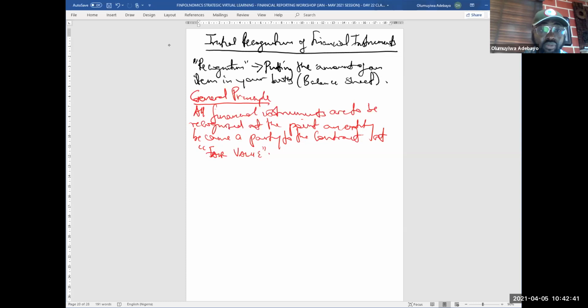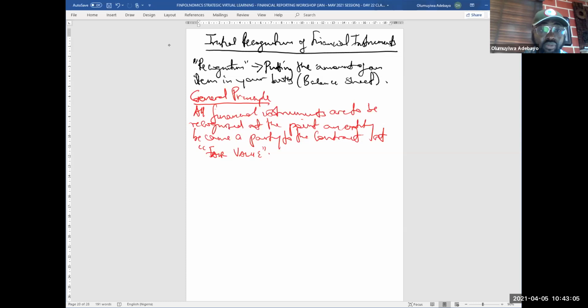That means at the point of initial recognition, the class of a financial asset and financial liability does not matter when it comes to initial recognition for the purpose of measurement.